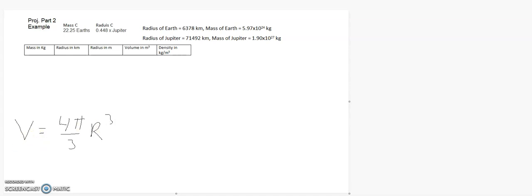So the radius has to be in meters, and then of course the density, which is really what we're looking for. The density is going to be in kilograms per cubic meter. So the density is whatever the mass is in kilograms divided by the volume in cubic meters. Of course, when the radius is in meters, when you cube that, it changes it into cubic meters.